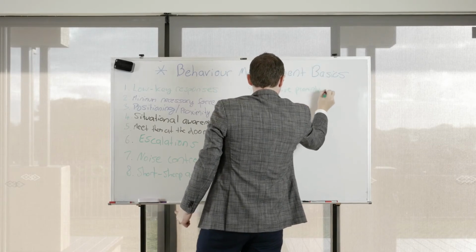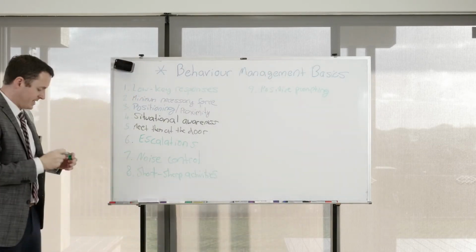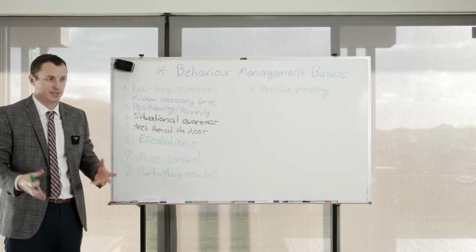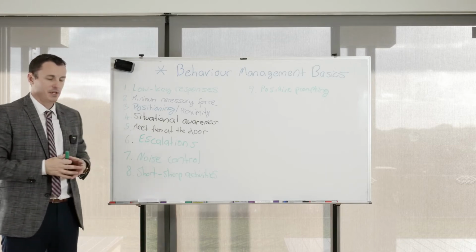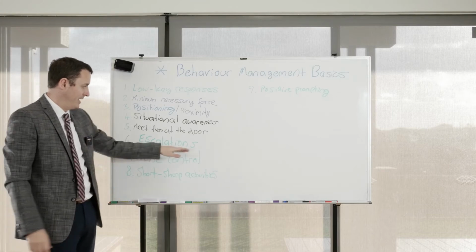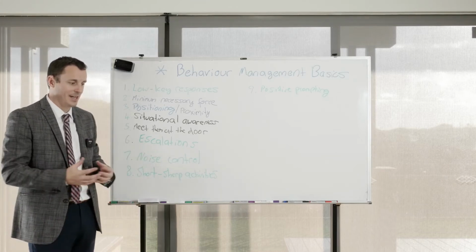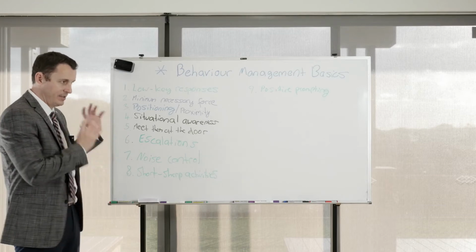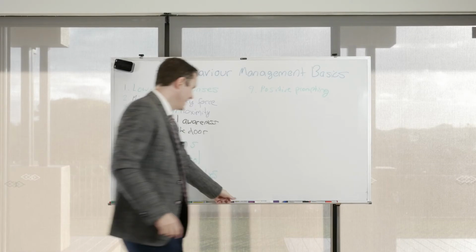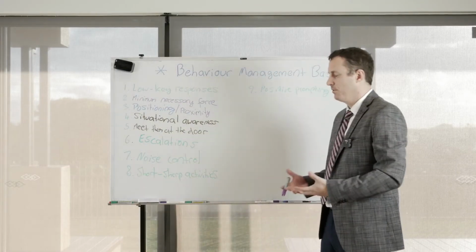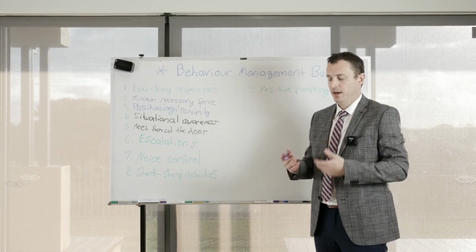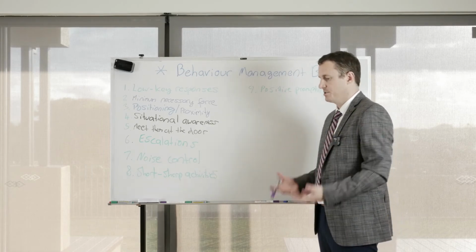All right. So, with escalations, the reason I put this one in here is because it is a very important concept and something to be very cautious of, because there are a lot of behaviour management programs out there that talk about escalations. It's, again, nothing new. This concept of escalations has been around for decades, and it basically means that you're upping the level that you're reacting to a behaviour if the student continues with that behaviour.